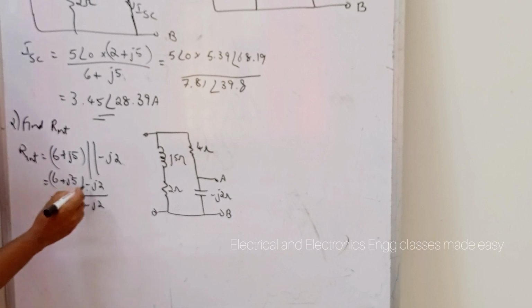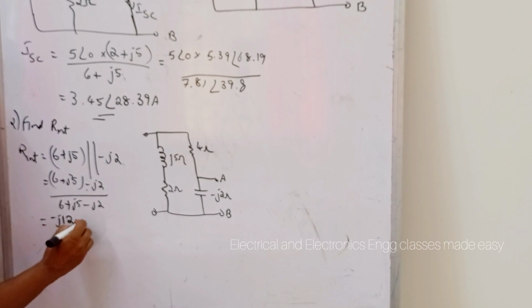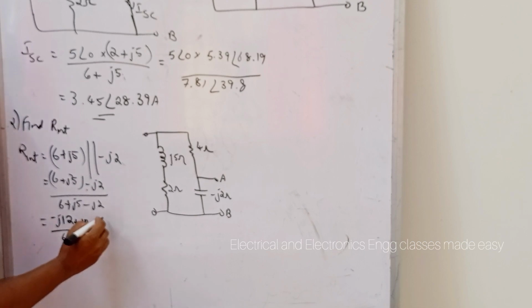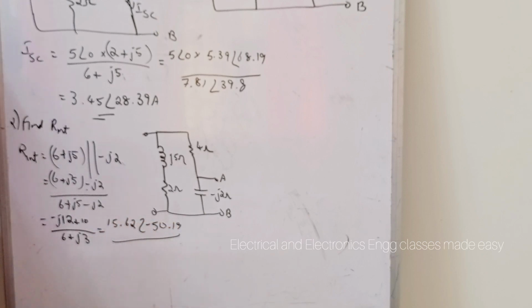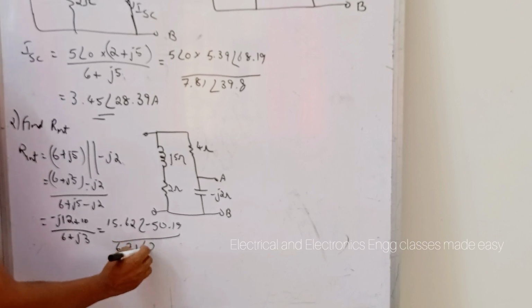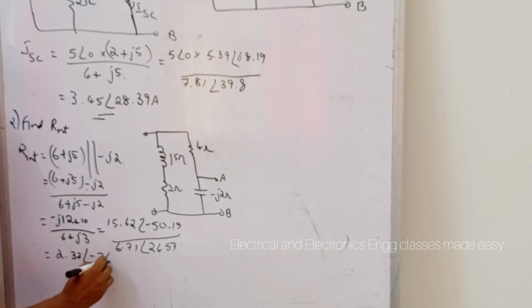After multiplying we will get minus J12 plus 10 divided by 6 plus J3. Converting into polar form, that is 15.62 angle minus 50.19 divided by 6.71 angle 26.57, and that is equal to 2.33 angle minus 76.76 ohm. This is the R internal.